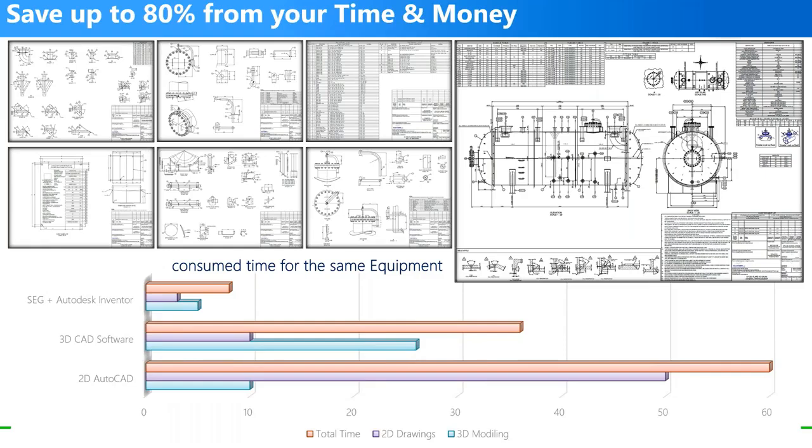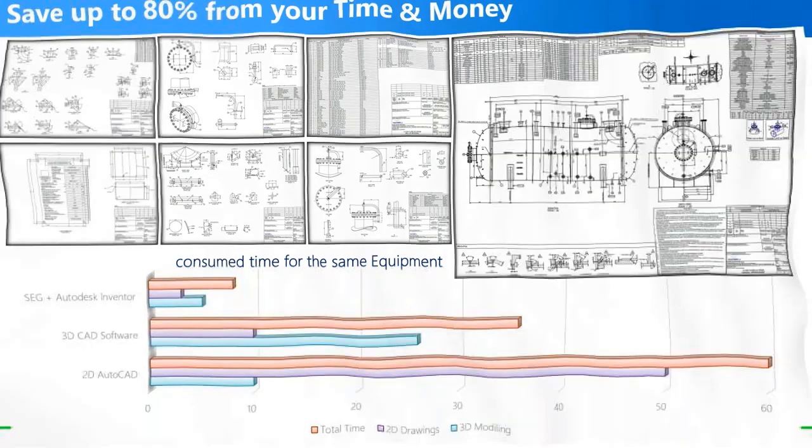In this comparison, you can see that by using AutoCAD, we consumed around 60 hours to create the 3D model and the detailed drawings of this equipment. By using CAD software like Autodesk Inventor or SolidWorks, we consumed around 35 hours. By using SEG software, we consumed around 8 hours only. So you can easily see that you can save time and money.